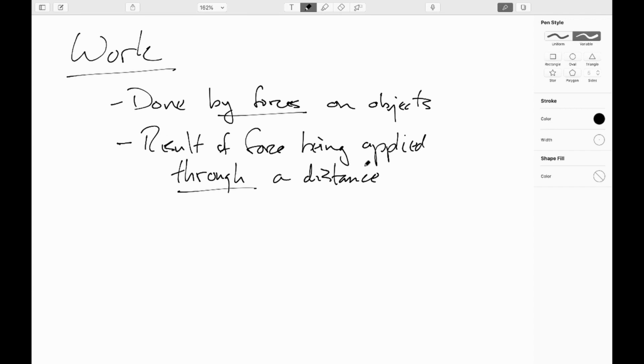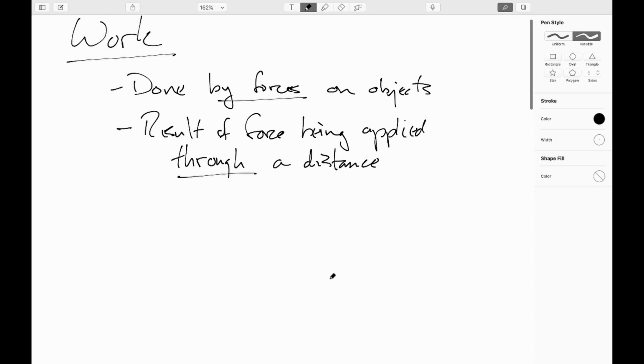And the definition of work is that it is the parallel component of a force multiplied by the displacement.